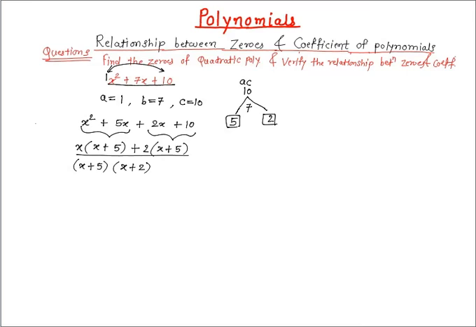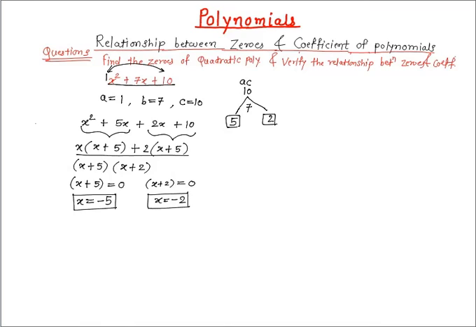Now to find the zeros, we equate each of these to 0. So we get x plus 5 equals 0 and x plus 2 equals 0. What are the values of x we get? x equals minus 5 and x equals minus 2. So these are the zeros of this quadratic polynomial.